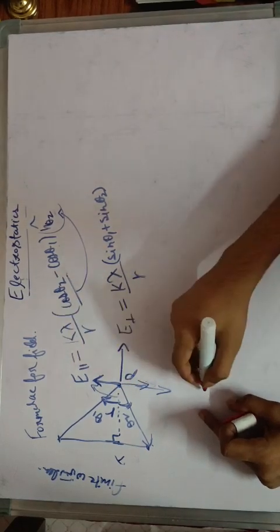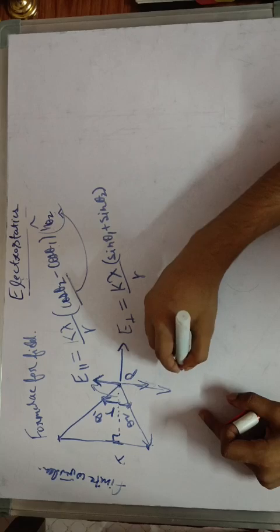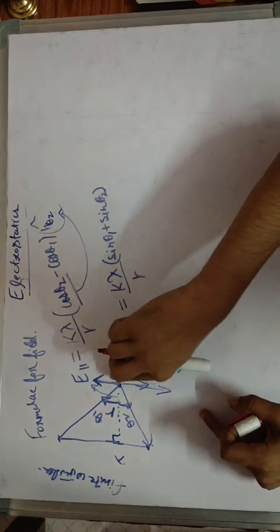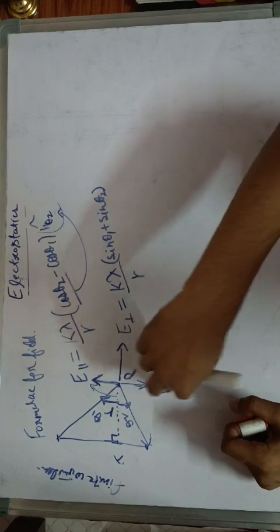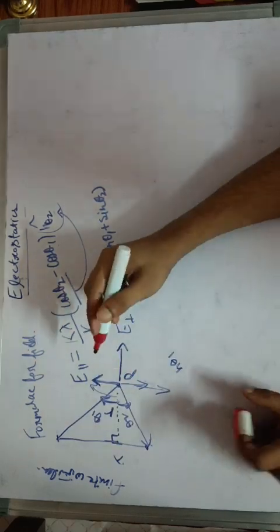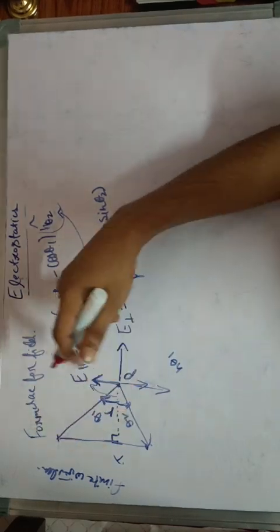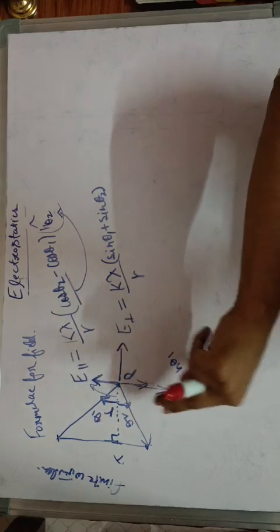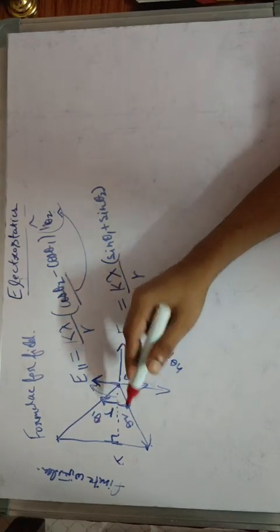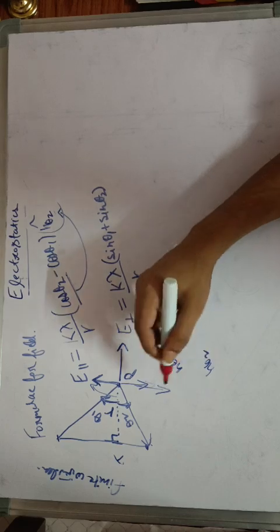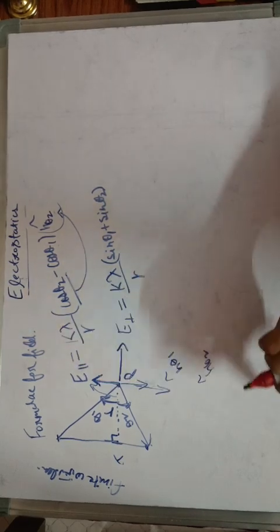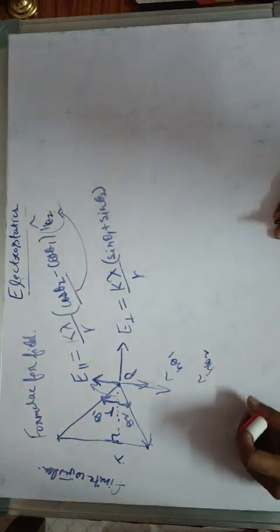And n theta 1 cap means a unit vector along a line parallel to the charge line and in the direction of theta 1. And n theta 2 cap would be in the direction of this angle.